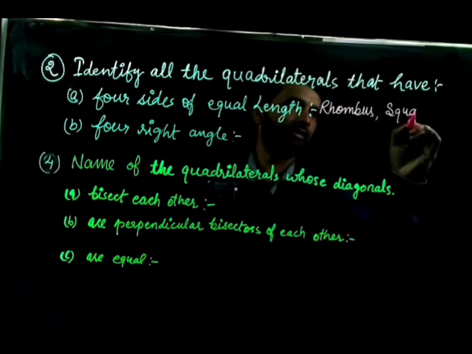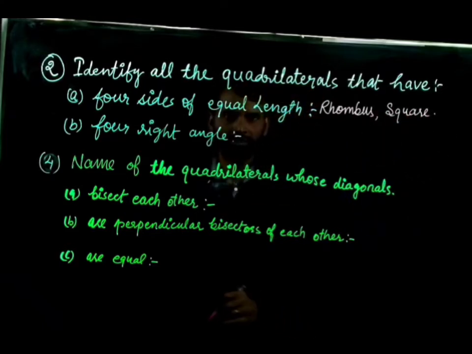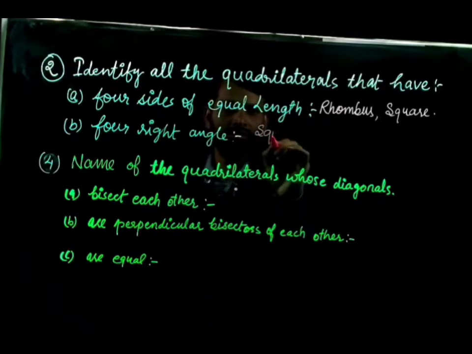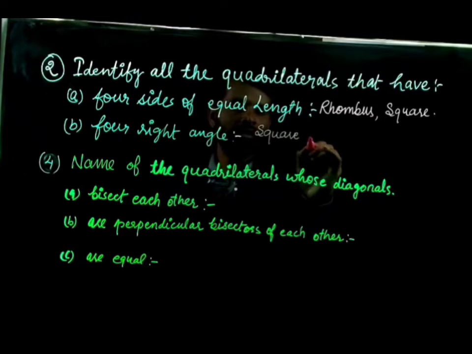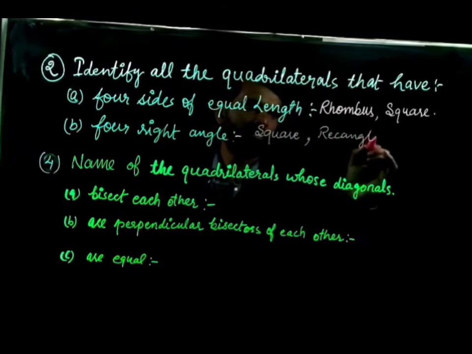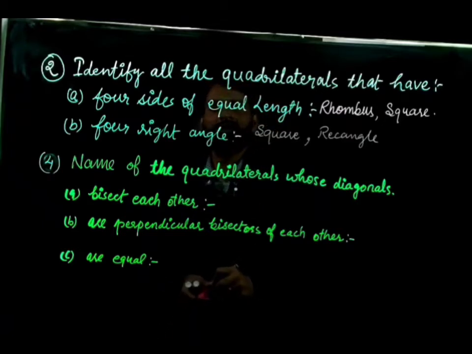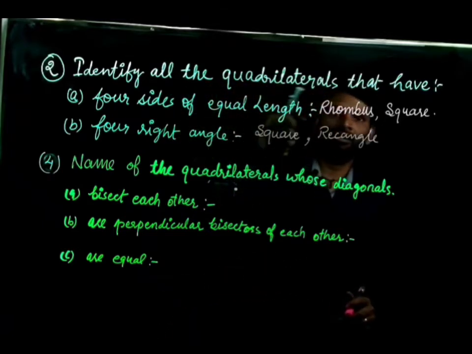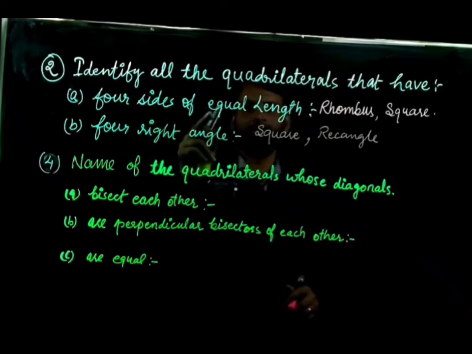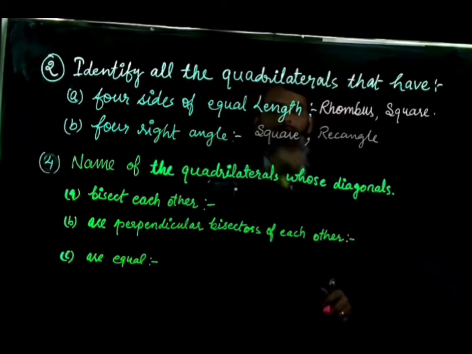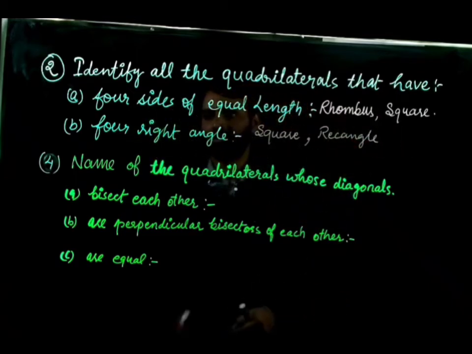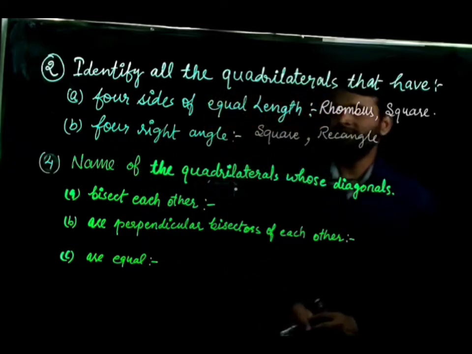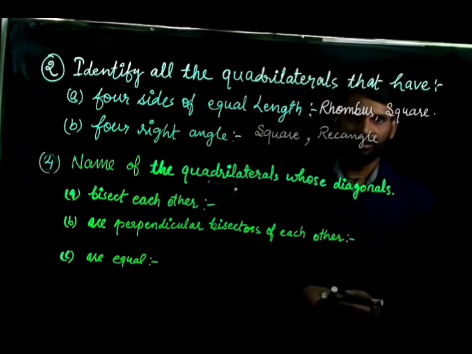Now the second is four right angles: first a square and second a rectangle. So four sides of equal length is rhombus and square, and four right angles is square and rectangle.